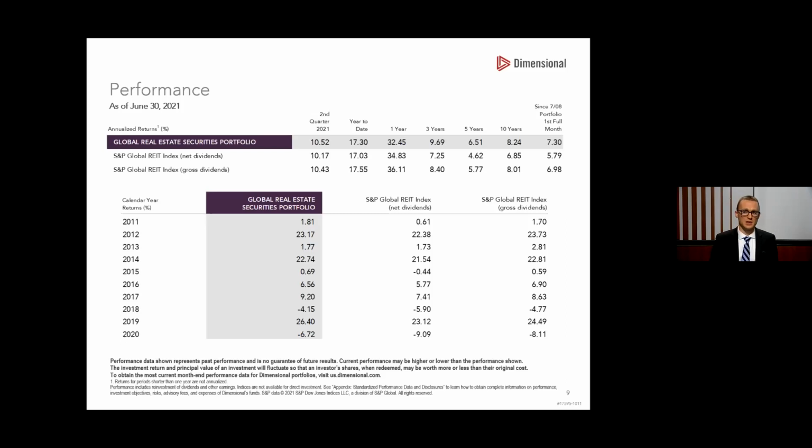It's not reasonable to expect that you would outperform gross dividends over a long period of time unless you're able to generate that alpha. Now, you can see that in our portfolio, we have outperformed the gross dividends by quite a substantial margin, 30 basis points, and that's on an annualized basis. So it's been, again, a fantastic return there. But I did just want to take a moment to talk about why that is. In our portfolio, what's important to keep in mind is that our objective is to offer a broadly diversified, low-cost approach to capturing that real estate exposure.